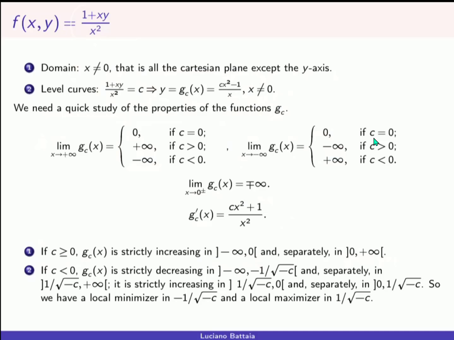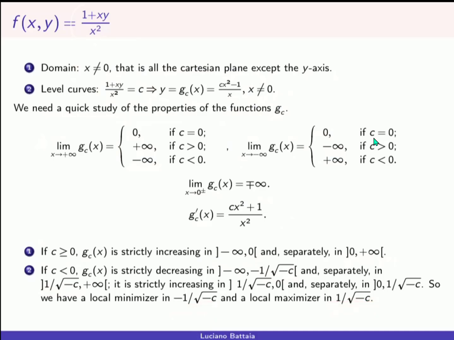If c is negative, we have two roots here, plus or minus 1 over square root of minus c. The function is strictly decreasing, then increasing, then again increasing, and then again decreasing. So we have a local minimizer in the first root of the first derivative equals 0, and a local maximizer in the second root.